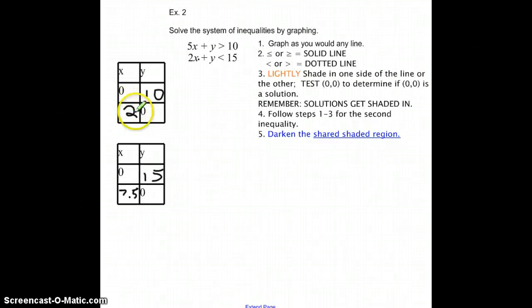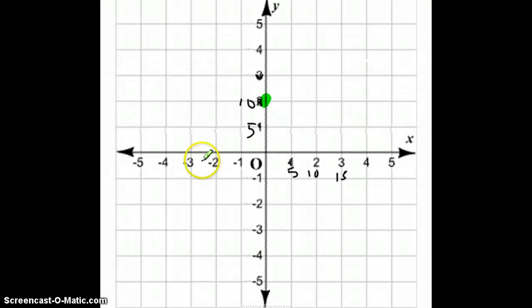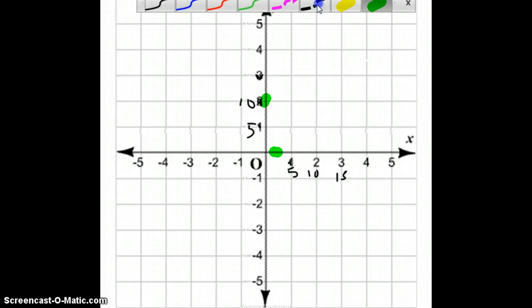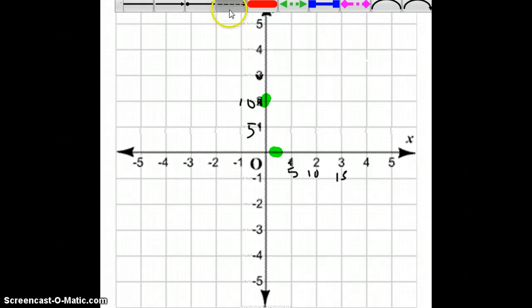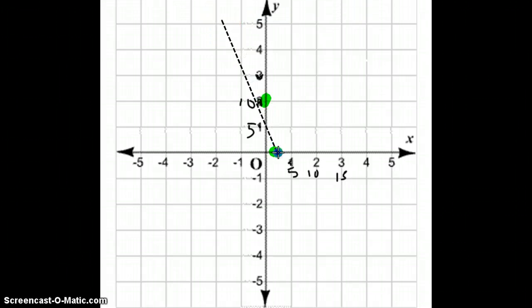Our other point, x is 2, y is 0. X is 2. So if this is 5, x is 2 will be right about here. Now let's get a dotted line to connect those. Not what we wanted to do there. This is what we wanted. Sorry, guys. Alright, so roughly. You got the general idea.